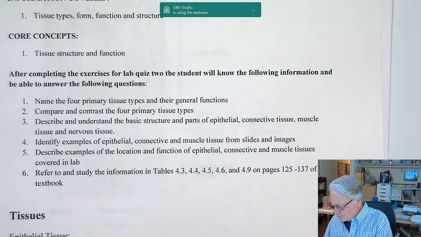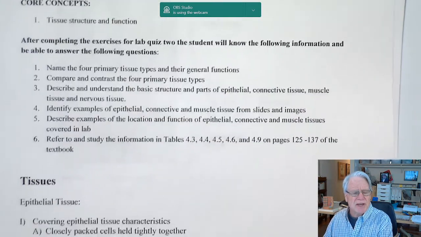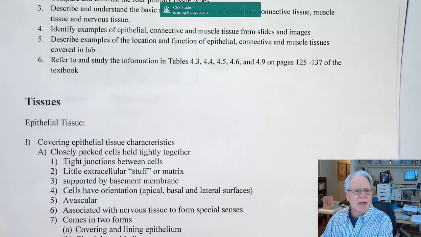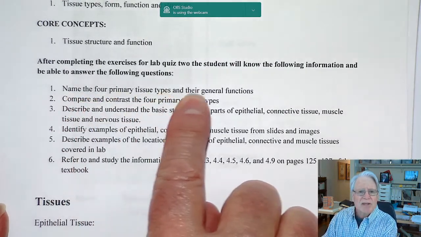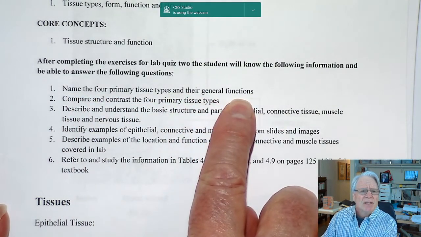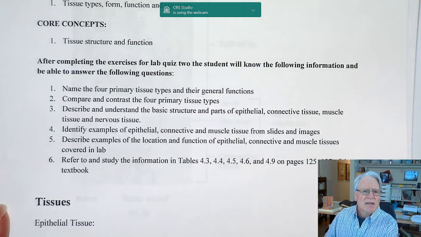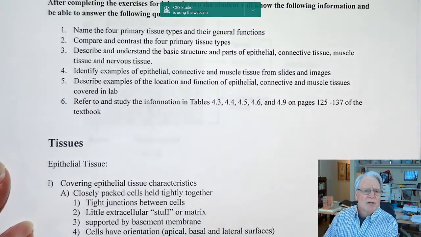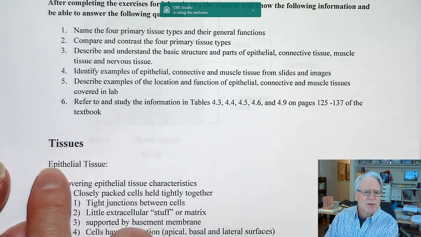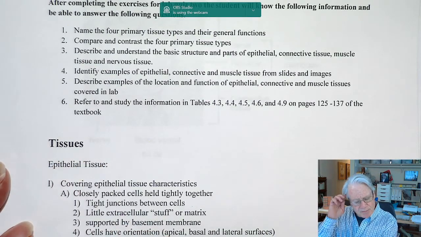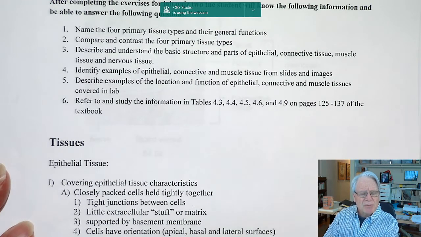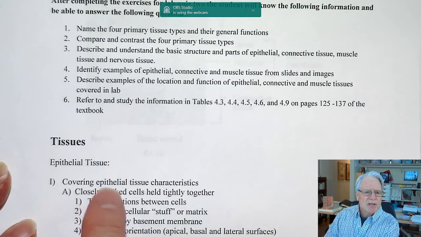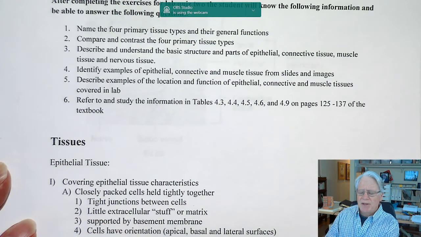Okay. So what we're going to do today is cover the 4 basic types of tissues that we find in the human body. And then I'm going to focus on epithelial tissue. So this lecture for the lab will introduce the subject of tissues, and then we'll spend some time looking at epithelial tissues.